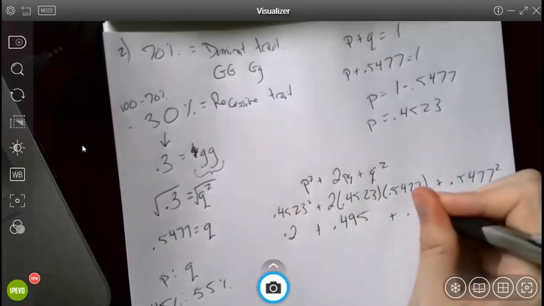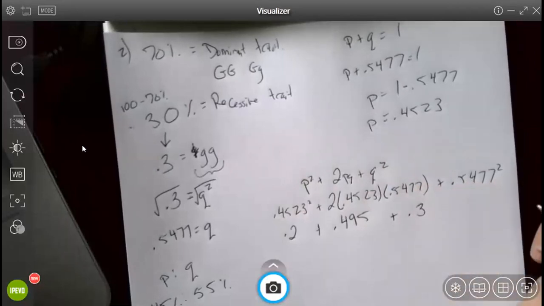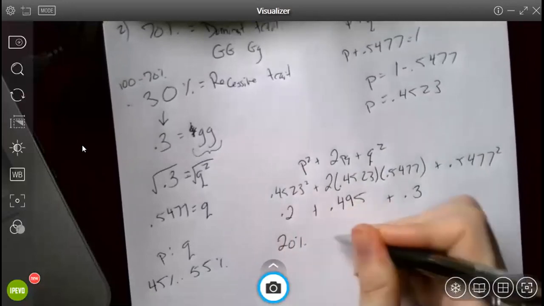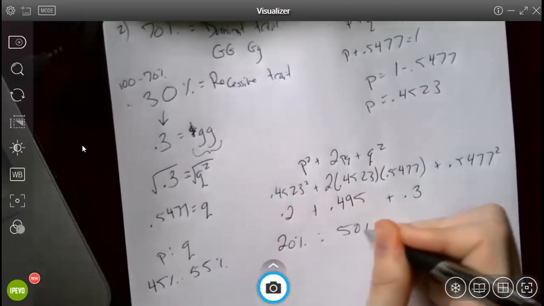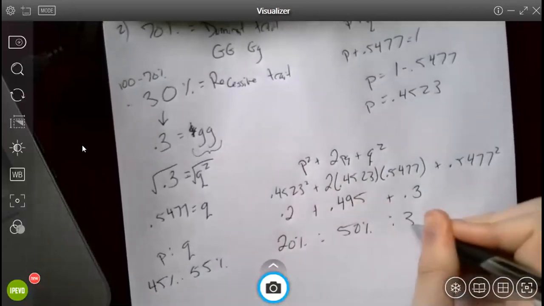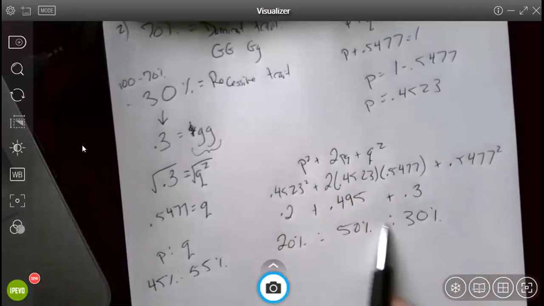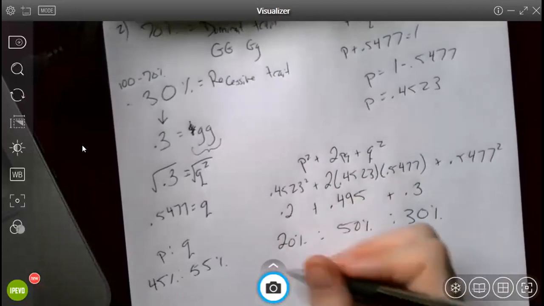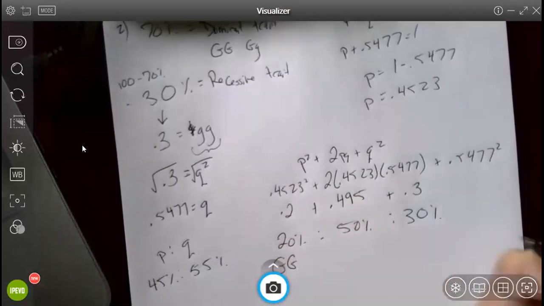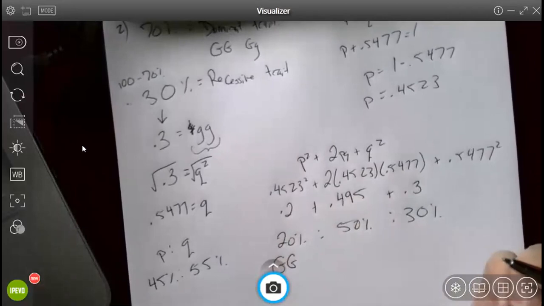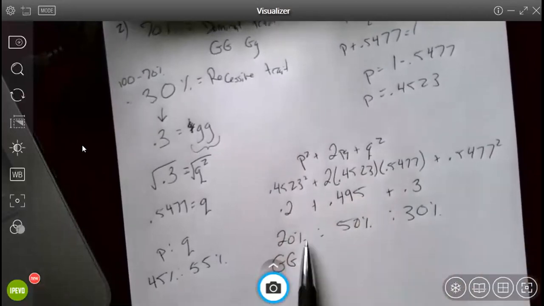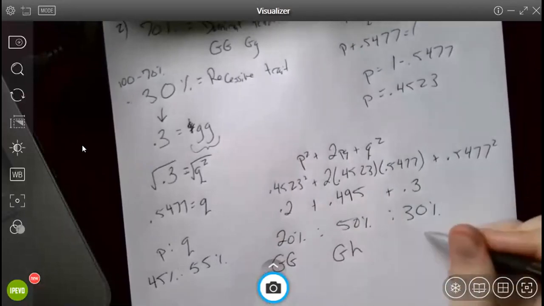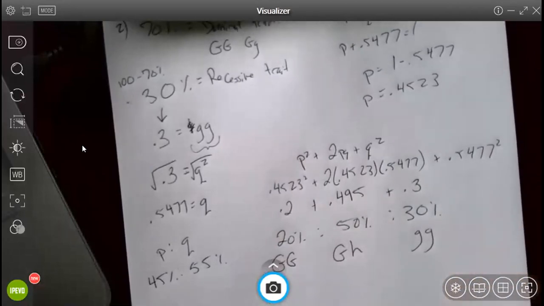And then 0.3. Okay. So I'm going to round that to 20%, 50%, and 30%, so that our decimals add to 1. And that is going to be my genotype ratio of homozygous dominant to heterozygous to homozygous recessive.